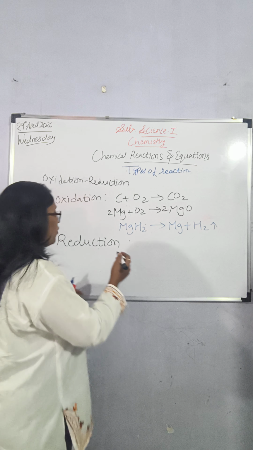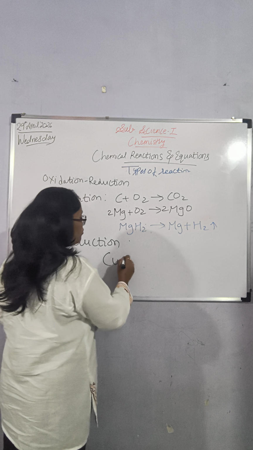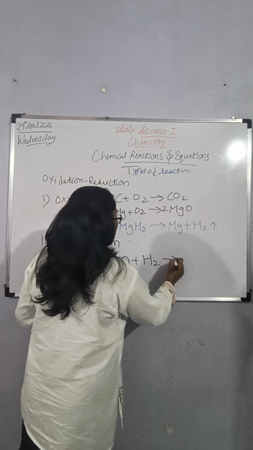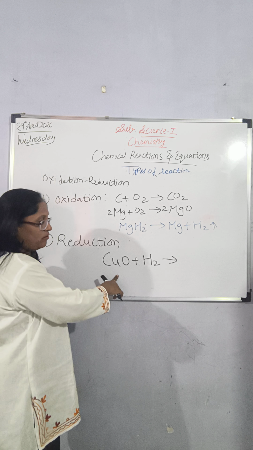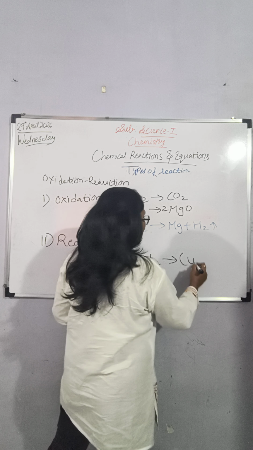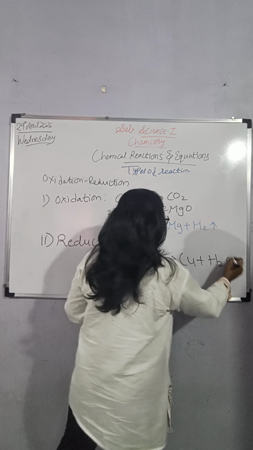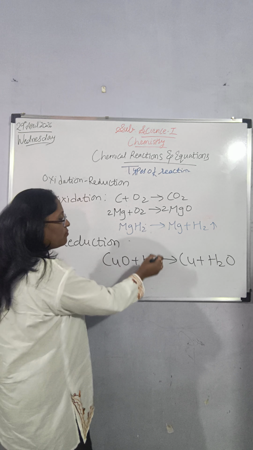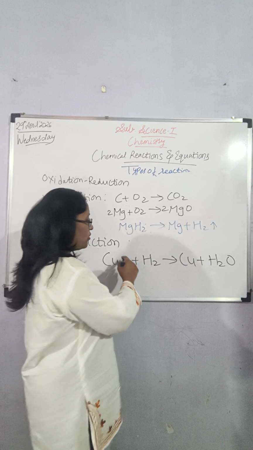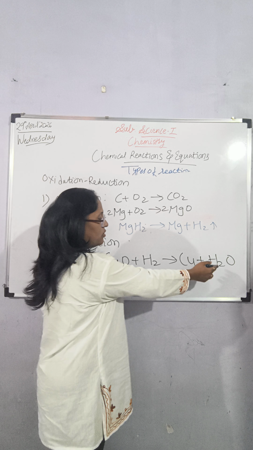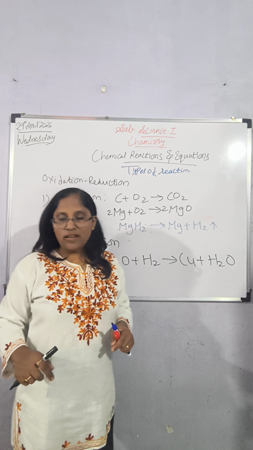Now we are going to take the example copper oxide plus hydrogen. Here you can see hydrogen is added. What we get is copper plus water. Here oxygen is removed, so this is a reduction reaction.